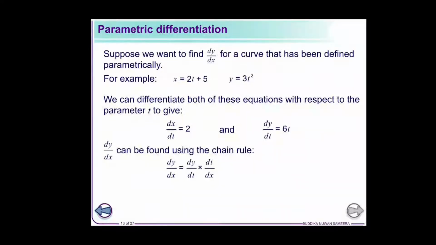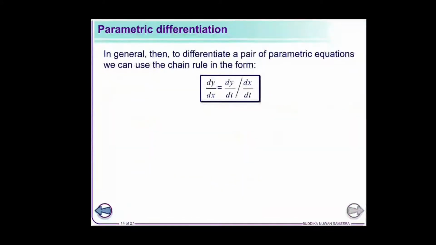So then you can substitute the values. dx over dt means 2. That means dt over dx means 1 over 2. And dy over dt is 60. So when you substitute, the answer is 3t. So dy over dx in terms of t we can write as 3t.